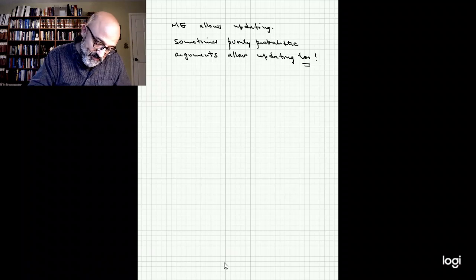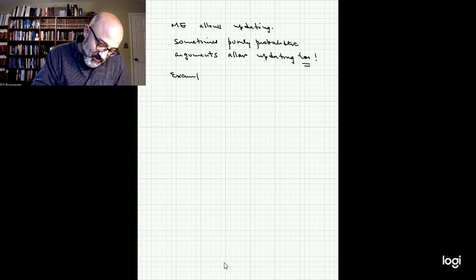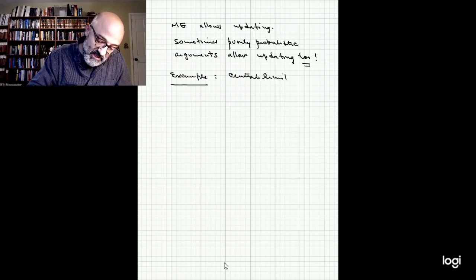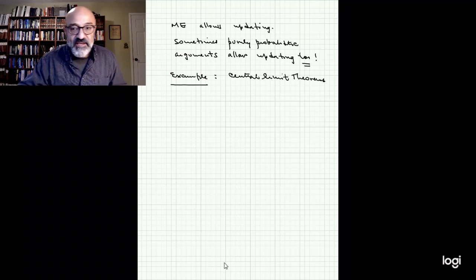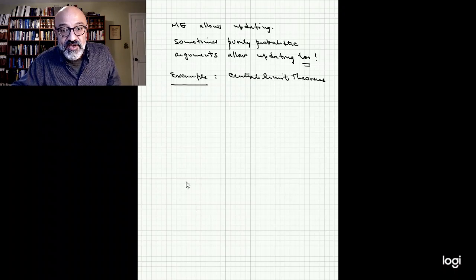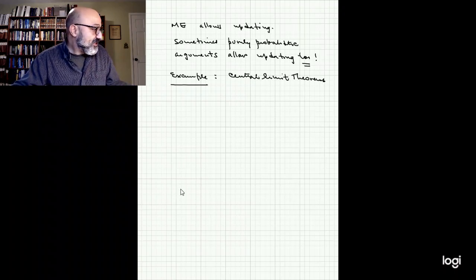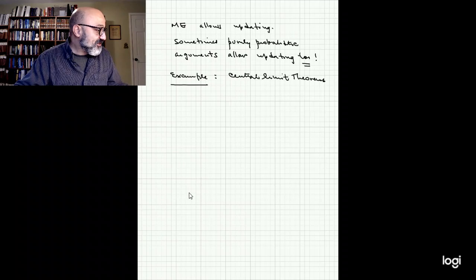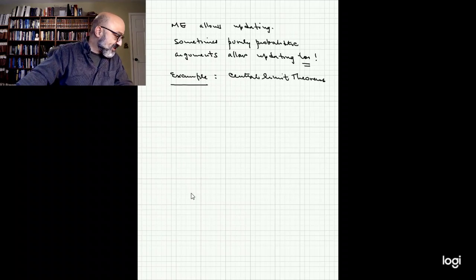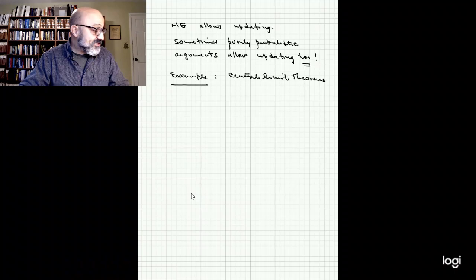One example, this is a really important one, is when you have central limit theorems. I'm not going to discuss this in any detail. You can look up the argument in the textbook. It goes under the name of, let's see, section 6.4, consistency with the law of large numbers.